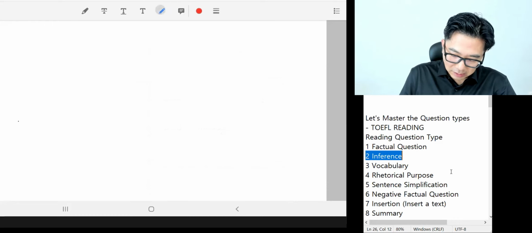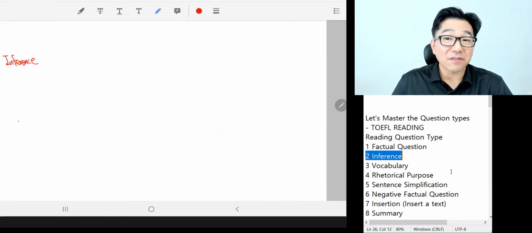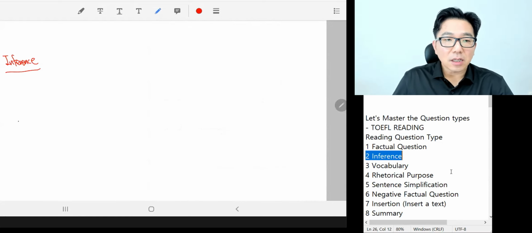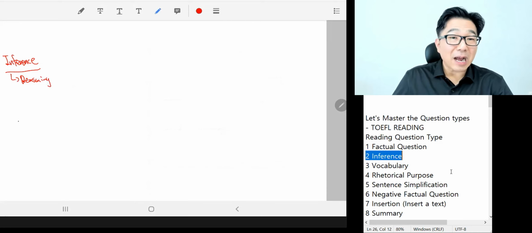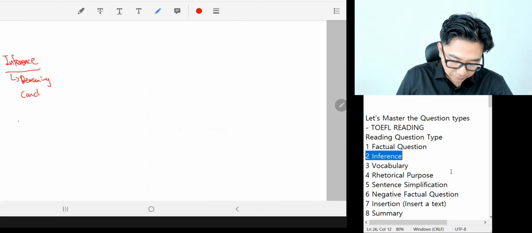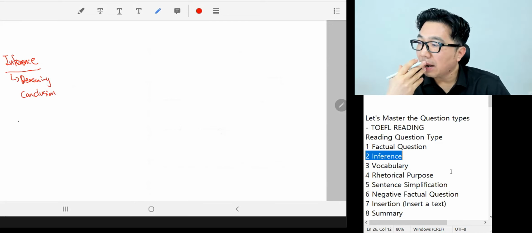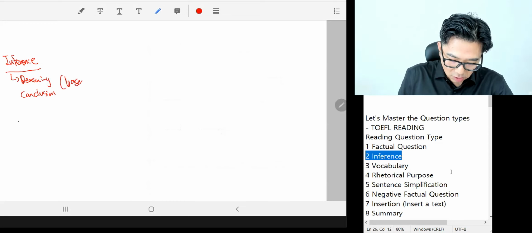So let's talk about the definition of inference, okay? What is the definition of inference? It could be deduction, it could be reasoning, it could be making some kind of conclusion or taking an action or making a decision based on information given.